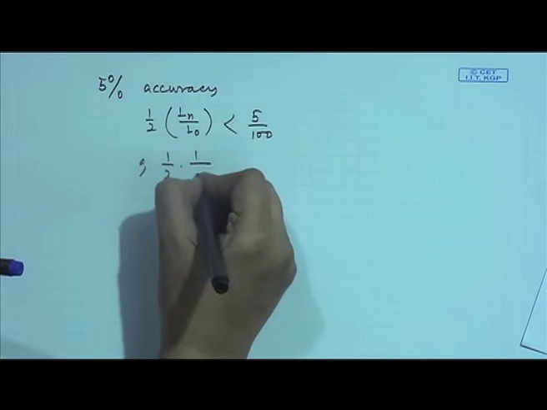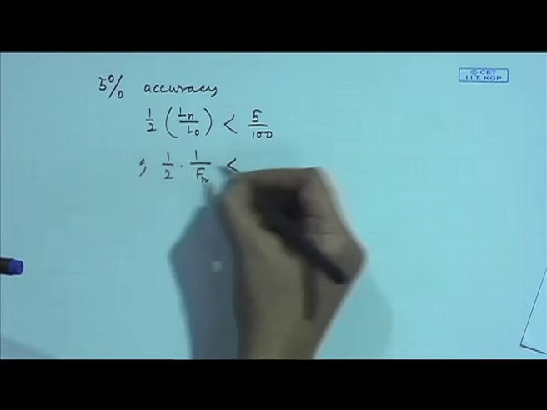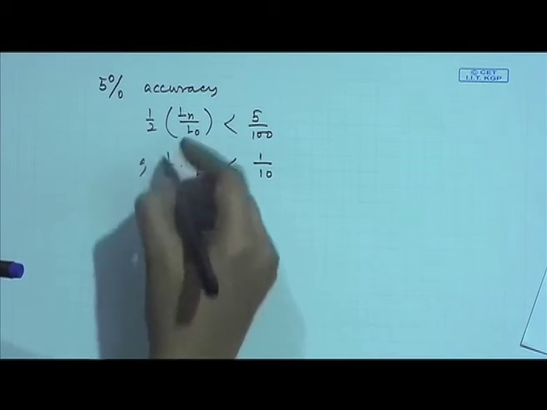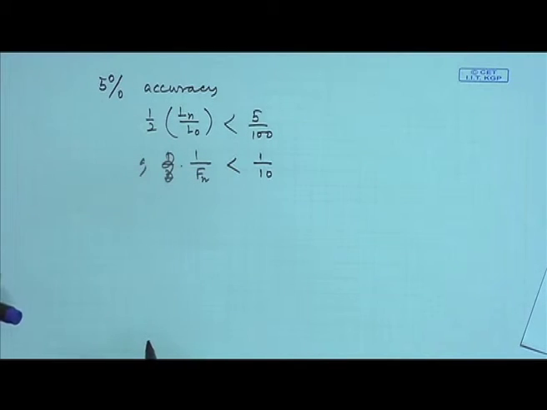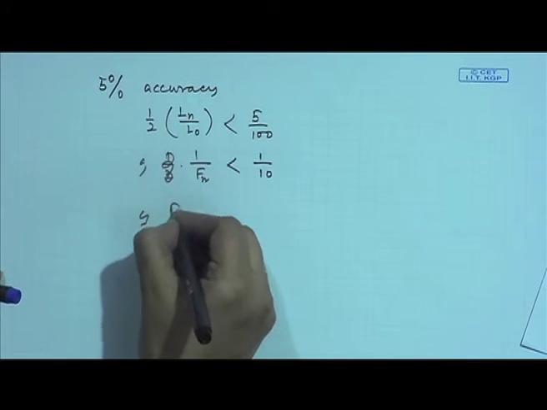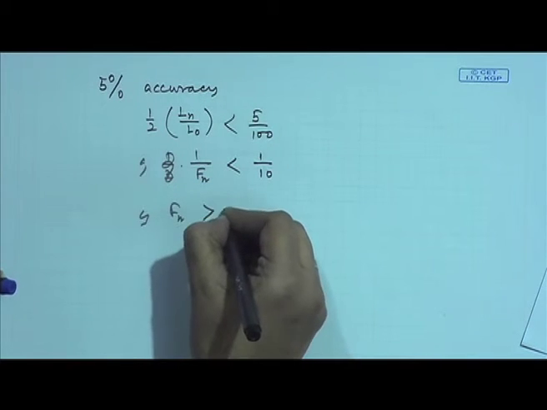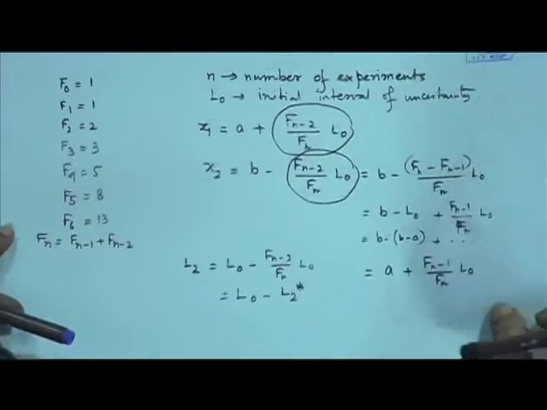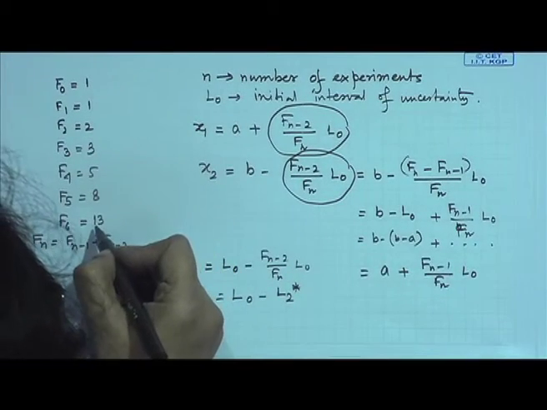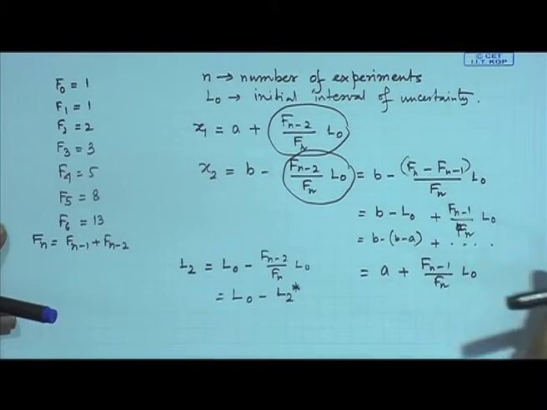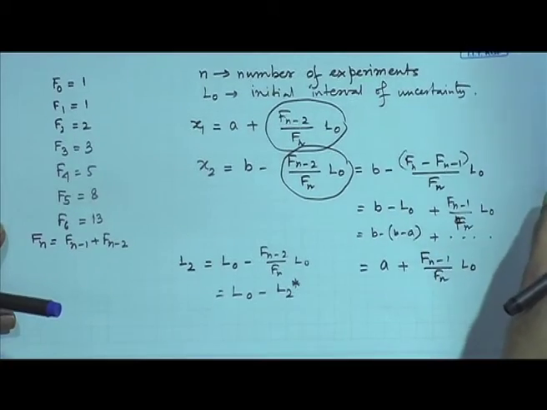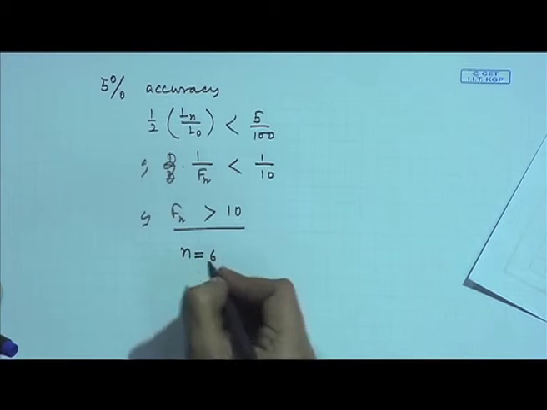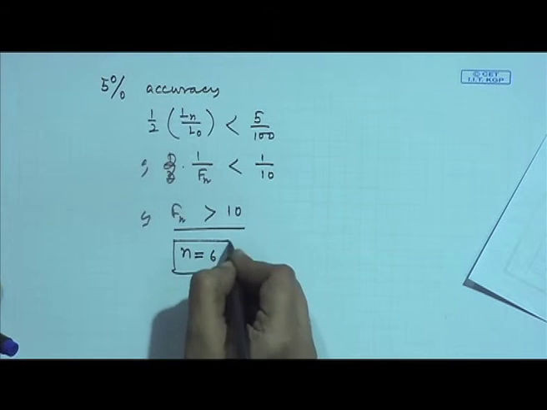Again, half into 1 by Fn is less than 1 by 20, so Fn must be greater than 10. If I look at the Fibonacci series, the minimum value greater than 10 is 13. That means I need to do 6 iterations. That's the beauty of it.